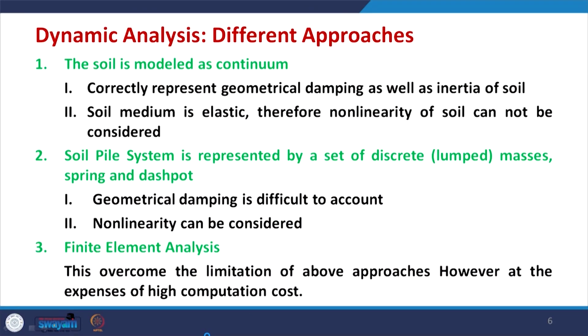Then the second approach, where the soil pile system is represented by a set of discrete lumped masses, springs and dashpots. In that approach geometrical damping is difficult to account for, however nonlinearity can be considered. So ultimately you can observe that the advantage of the first case is the limitation of the second approach, and the limitation of the first approach is the advantage of the second one.